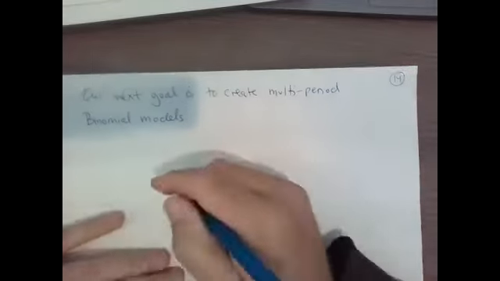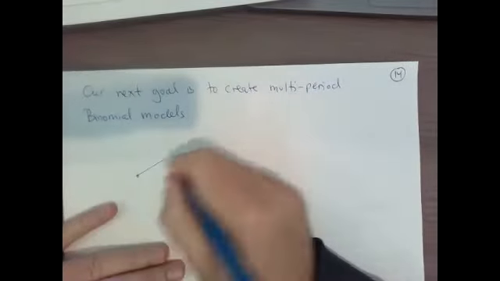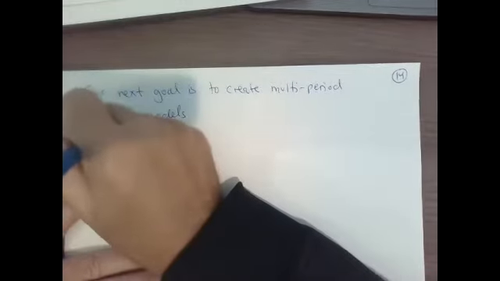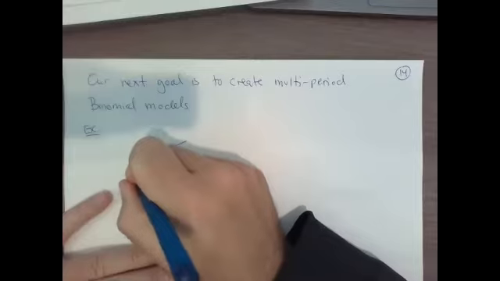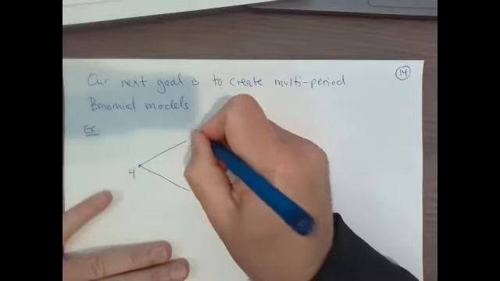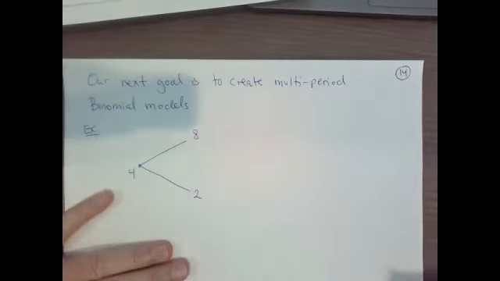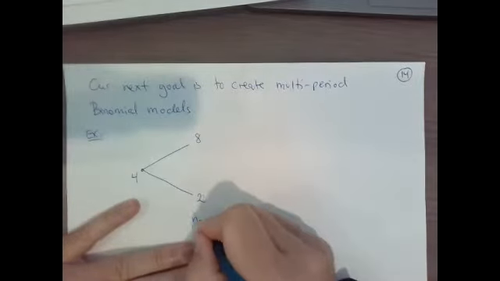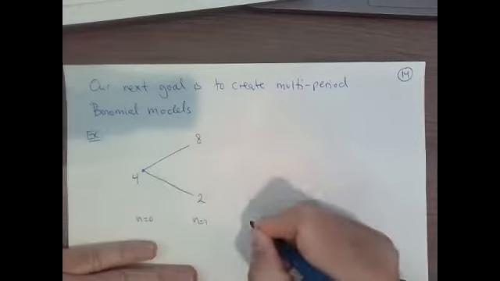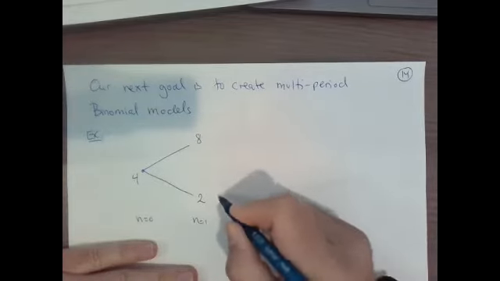So how would it look? Well, it would be like if we had our example. We have an example where we go for, say, 4, and then you can go up to 8, and you could go down to 2. That was the example we had. But then we'll move on. This was at time 1, and then we also need to go up to time 2.